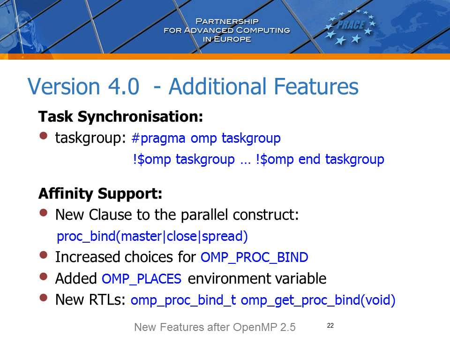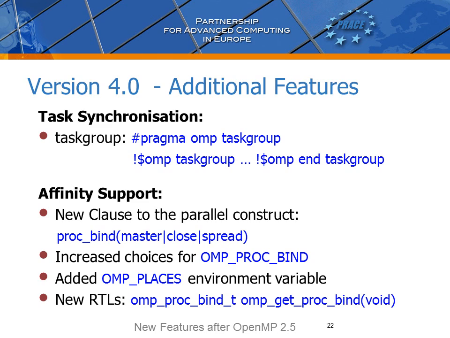It can now provide master, close, or spread thread affinity policy to be used for parallel regions at the corresponding nested level. The new OMP_PLACES environment variable specifies a list of places for thread binding. This can be threads, cores, or sockets, or an explicit list of places described by non-negative numbers.